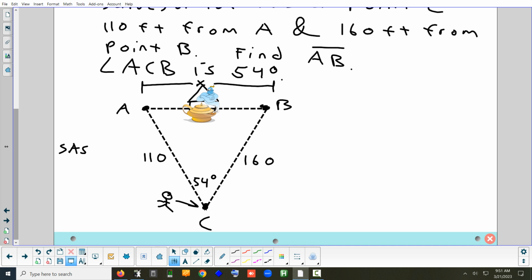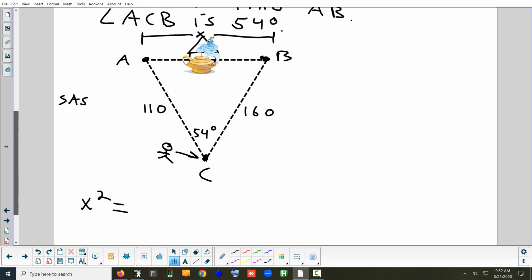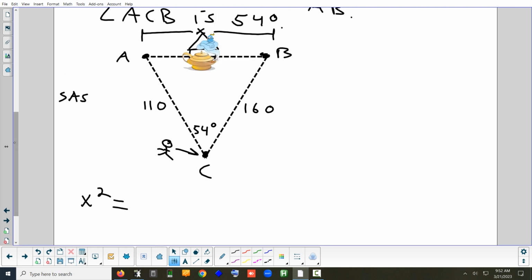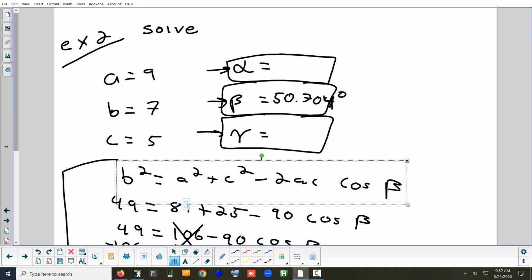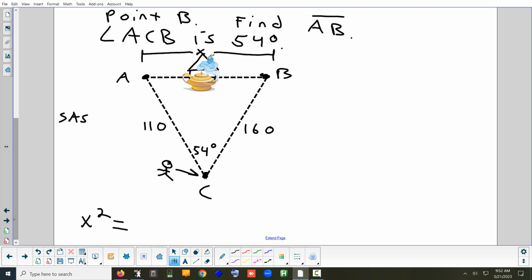Find X. If you're trying to find a side you don't know, that's what you start with in your formula. So I'm going to start you off with this. What do you think would come next if we're going to do law of cosines with these numbers? We started you off with the side you don't know.